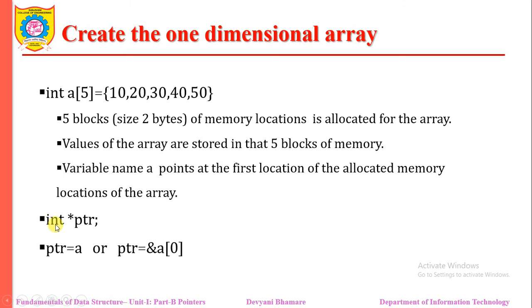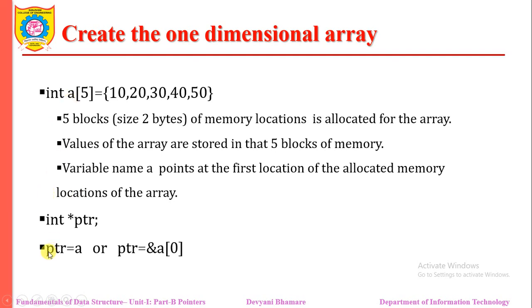If we declare a pointer, int *ptr, what does it mean? ptr is a pointer which points to an integer type of variable. If we want ptr to point to, or have an indirect reference to, array a, then we need to do initialization.